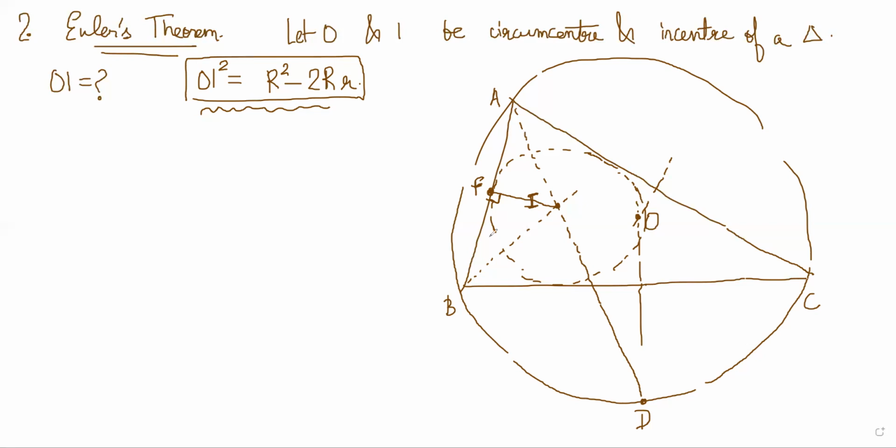Okay, so we have this D point, right? Obviously D lies on the circumcircle, so we can connect it to the center of the circle and extend it like this, right? This can be my diameter of the big circle. So I have just done that.